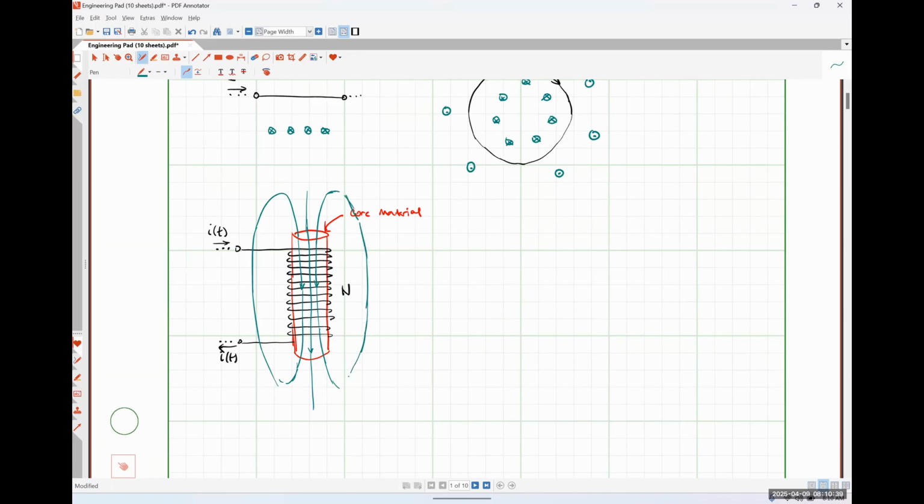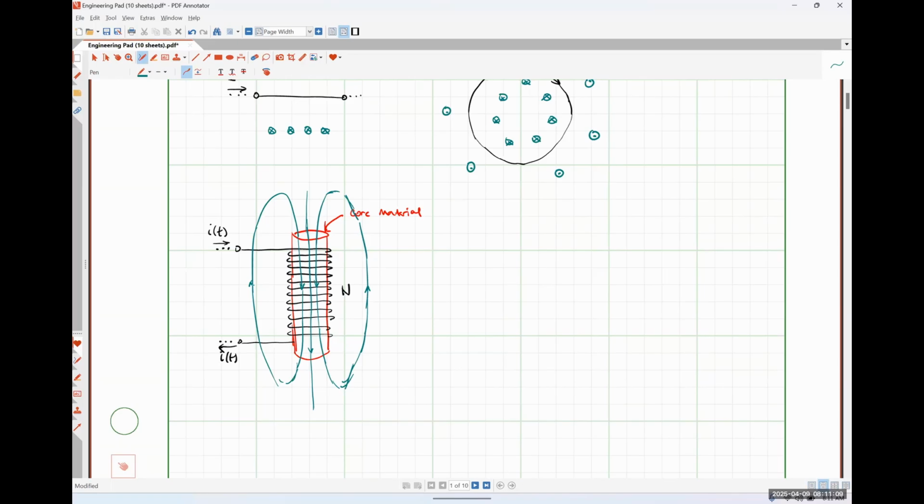So what this physical configuration does is it tries to essentially compress the magnetic field lines into that region of our core material. So our core has a whole bunch of magnetic field lines flowing through it, and we're going to call that our magnetic flux, where it's typically described by what's called a magnetic flux density.